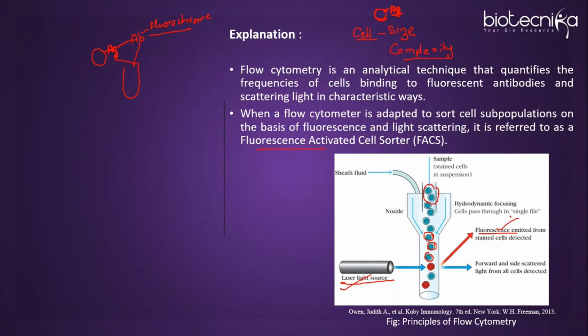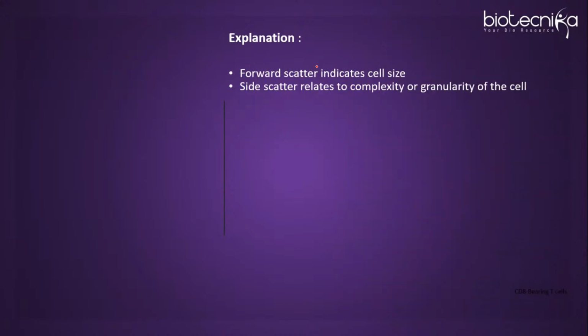So we can identify a particular cell. And if you want to determine the size and complexity, you use two types of detectors. One is the forward scatter, another is the side scatter detector. The forward scatter detector indicates cell size, and side scatter indicates complexity or granularity.